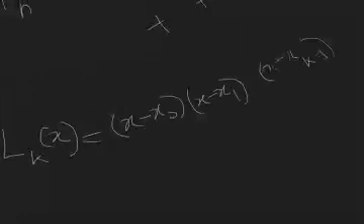You ignore the kth one, you ignore the factor x minus x sub k. Wait, I don't have space here. Look at this one here. This is the kth Lagrange basis function.